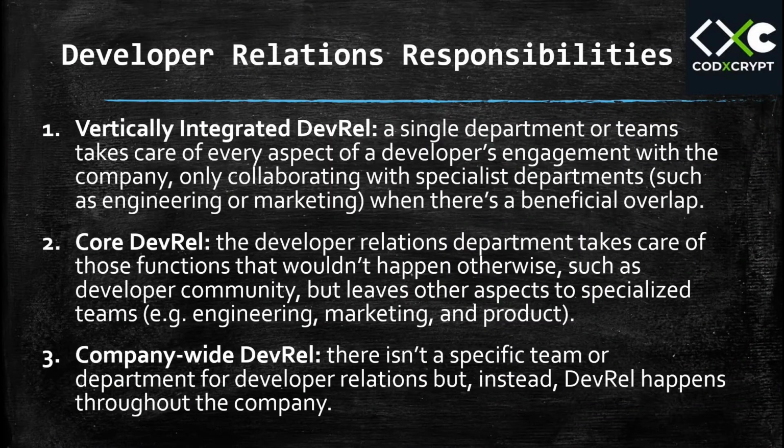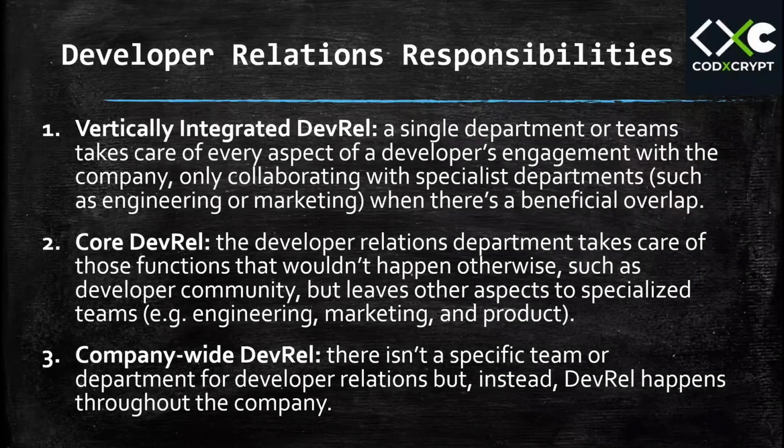Now, every relation has responsibilities and developer relations is just the same. Number one is vertically integrated DevRel. A single department or team takes care of every aspect of a developer's engagement with the product or the company, and it collaborates with specialist departments such as engineering or marketing only where there is a beneficial overlap. Number two is core DevRel.